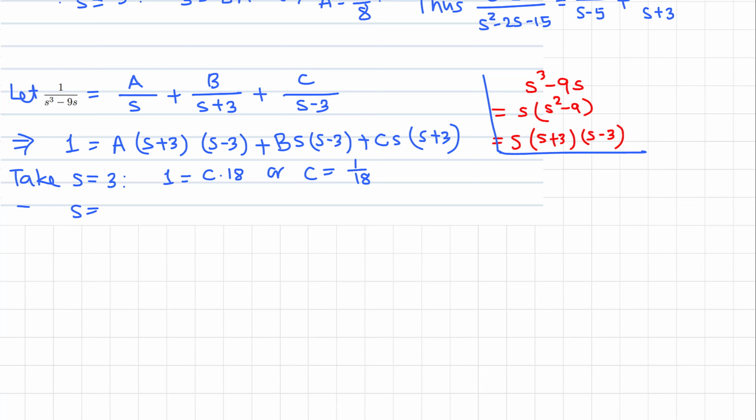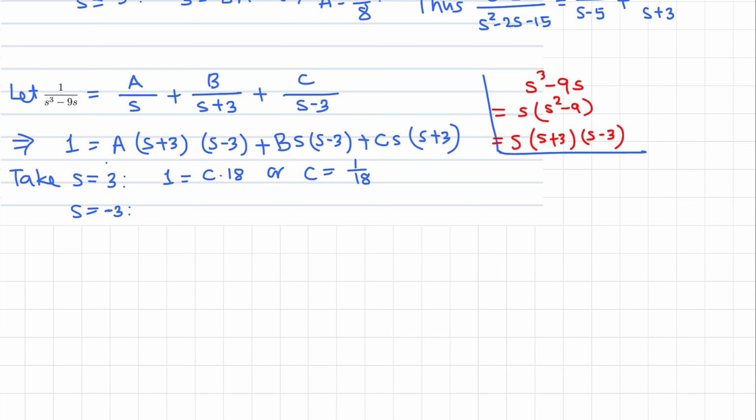Okay, let's take s equals -3. So -3 plus 3 is 0. So this factor is 0, which means the whole thing is 0. Here -3 plus 3 is 0, which means the third term is also 0.